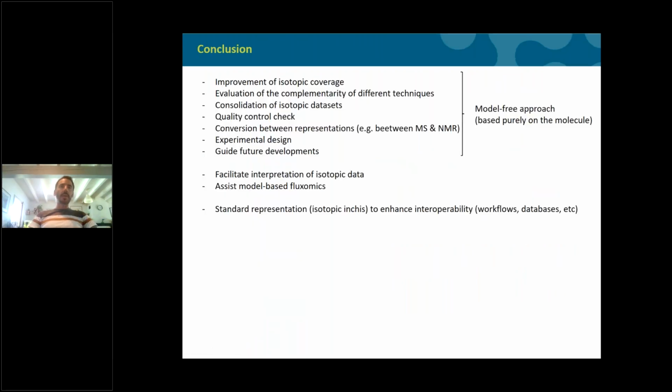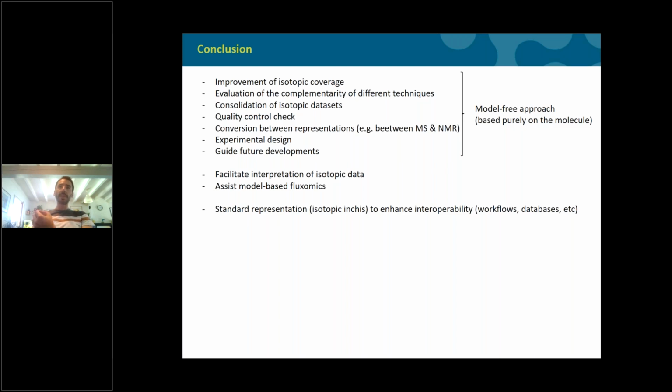So in conclusion, with this approach, you can improve the isotopic coverage of your metabolites of interest. You can evaluate the complementarity of different techniques. So, for instance, do you need to perform some specific development in MS, in NMR, and so on to improve the coverage of the isotopic space?